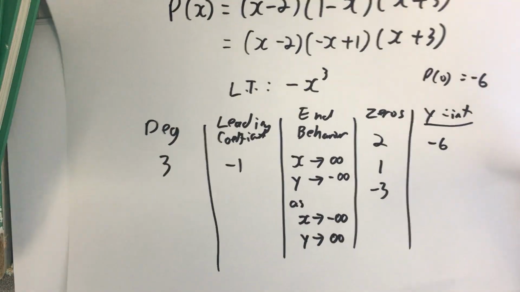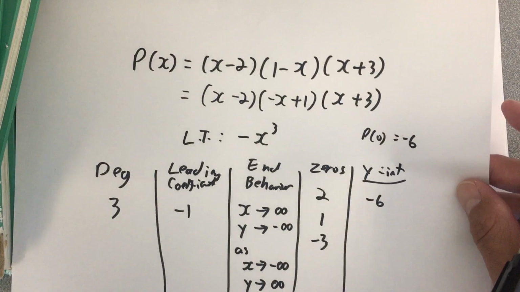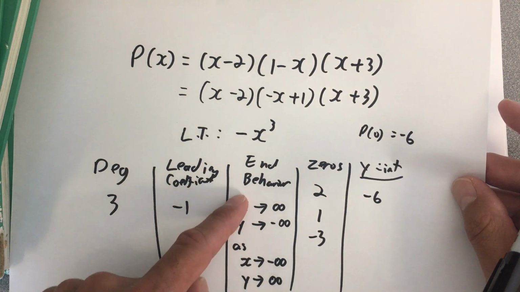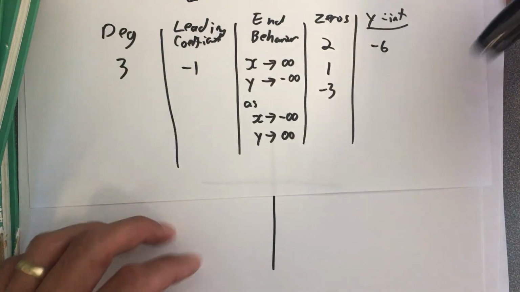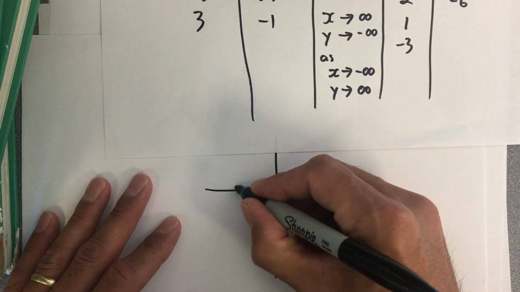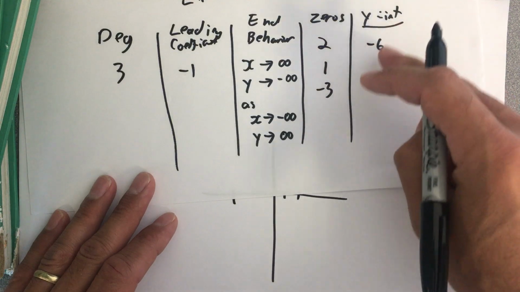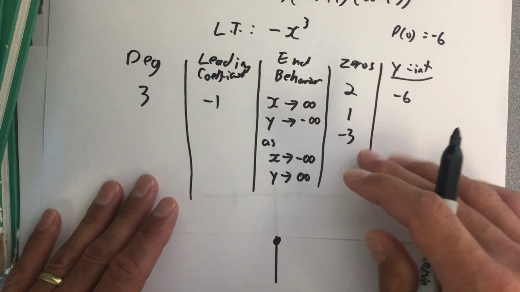So now to sketch the graph with all of these characteristics, we've got a degree of 3 and a negative leading coefficient, so we have this end behavior. And we've got zeros at negative 3, 1, and 2. I've got a y-intercept of negative 6, and I want to get my end behavior right.